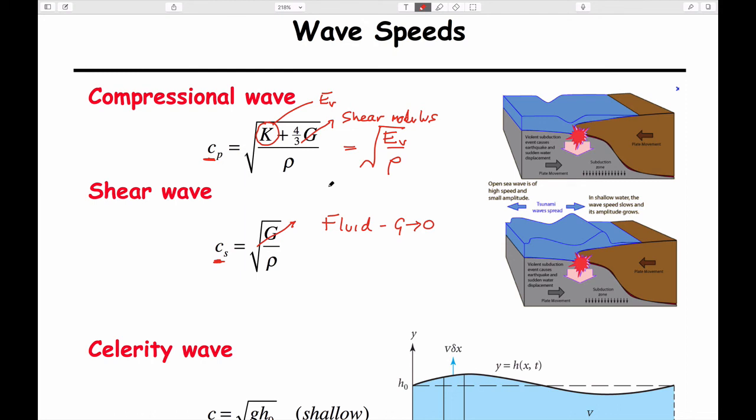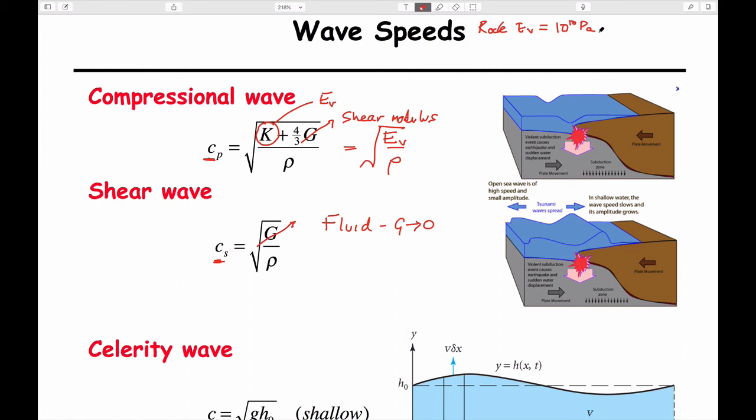And so if you look at this for rocks, the modulus of a rock is something like EV equal to 10 to the 10 pascals. You can look it up. I just know that because I work with rocks.